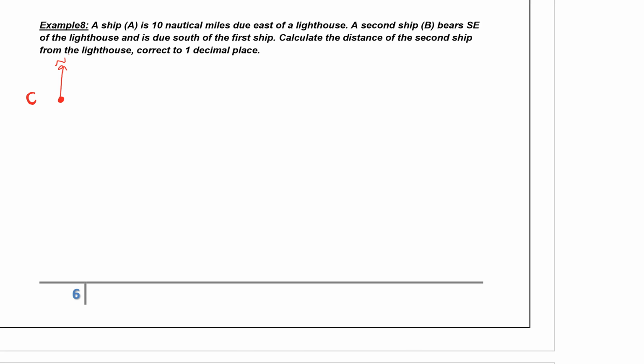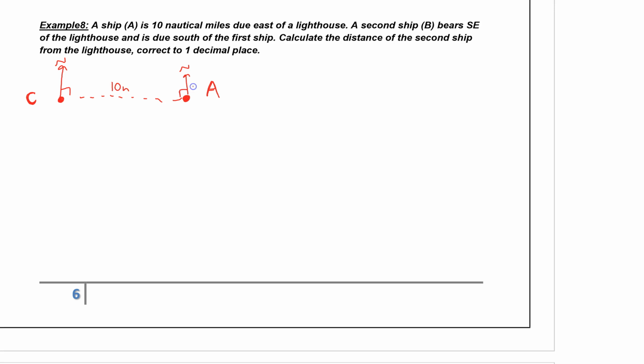So A is due east, so I've got a right angle here. This is point A here. Typically I'd have my north arrows everywhere. It's not actually going to make much difference in this example, but nonetheless, it's a good habit to get into. There's A and C, and there's 10 nautical miles between those.